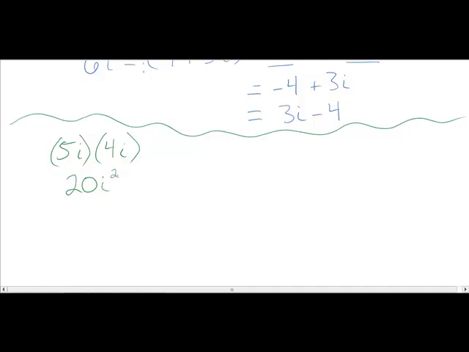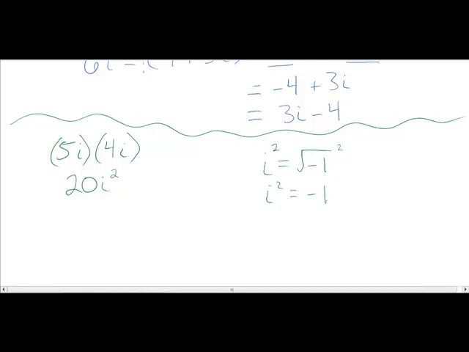Now, let's think about what that equals. Okay, remember, i is defined as the square root of negative 1. So what happens if we square that? Well, if I square both sides, then we have i squared equals negative 1. So you got to pay attention to that. i squared is actually negative 1.